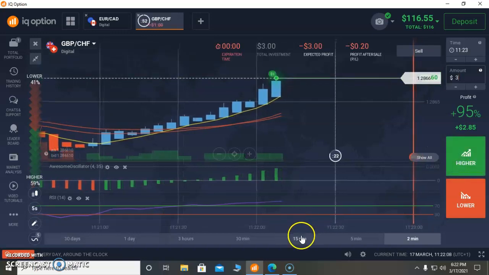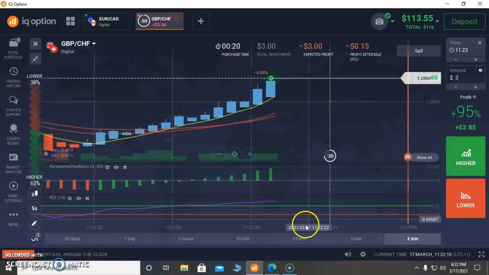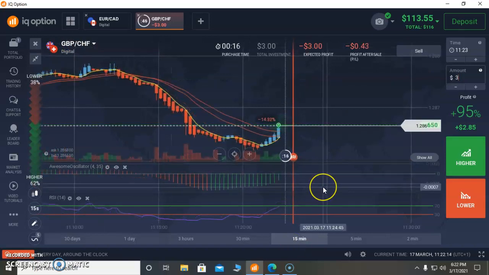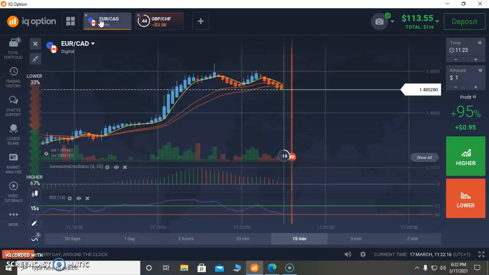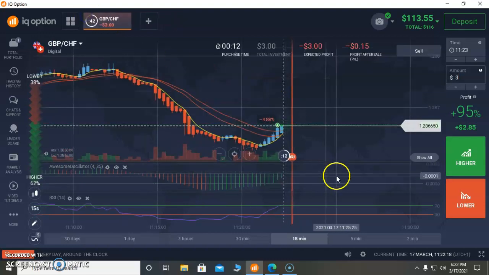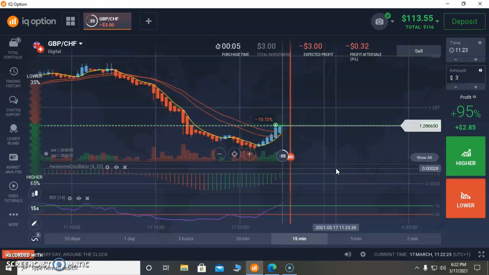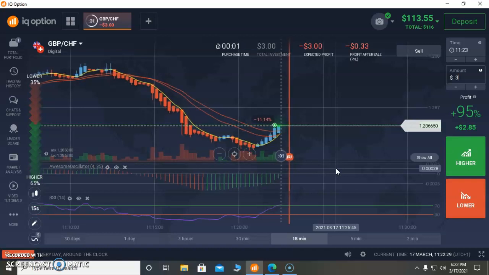Expect na reversal tayo. Sunod, mataas na green and blue. Close na muna natin ito. And kahapon, we both win, trusting the trend and expecting the reversal.